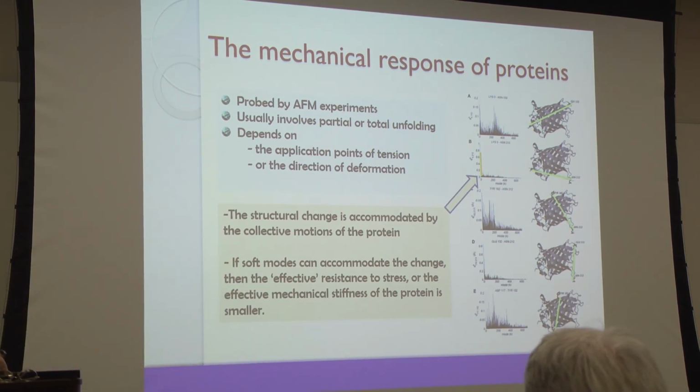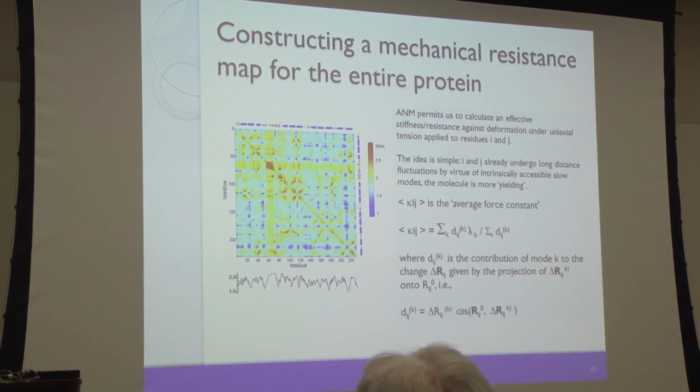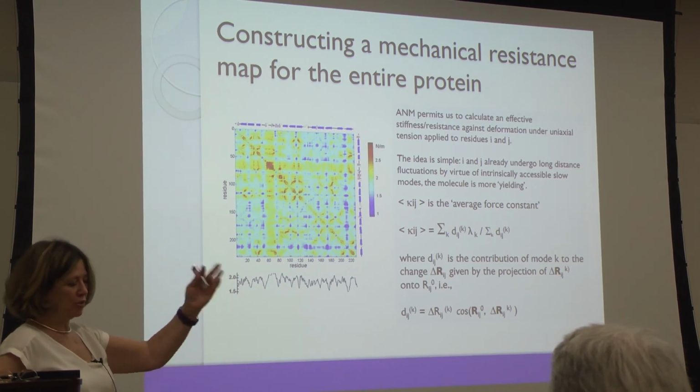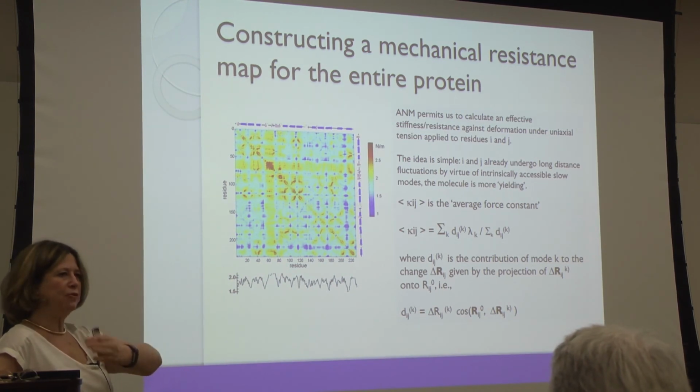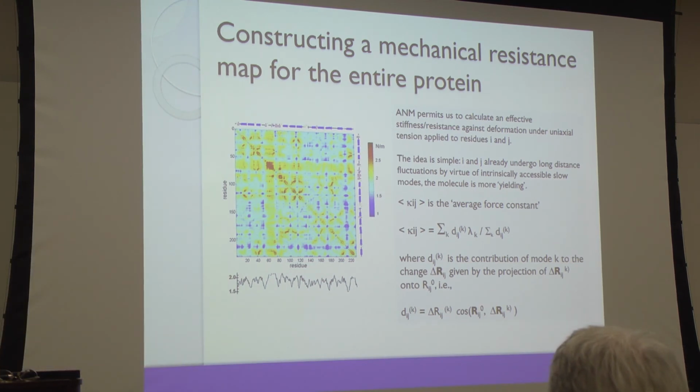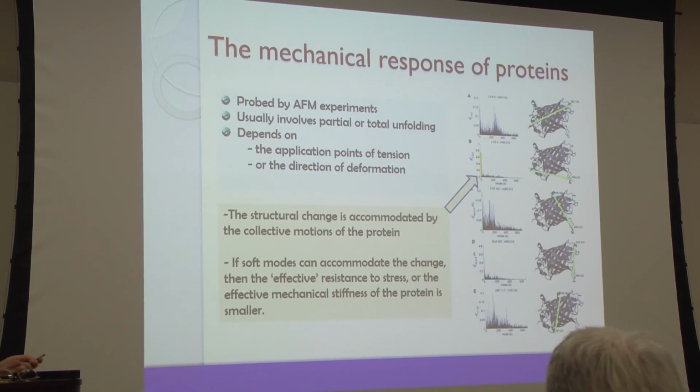Based on this type of correlations, we were able to show exactly how those different measurements, those different effective force constants, could be calculated just by taking a weighted average of all those mode contributions.